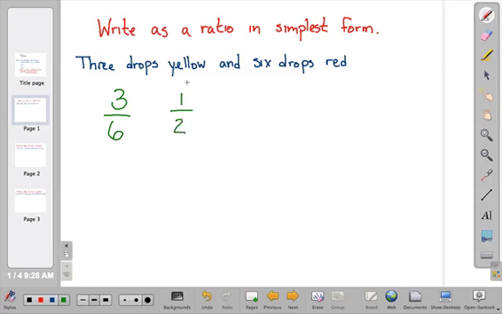So this sentence, written as a ratio in simplest form, will be 1 drop yellow to 2 drops red. There, we've written that as a ratio, and it's in simplest form.